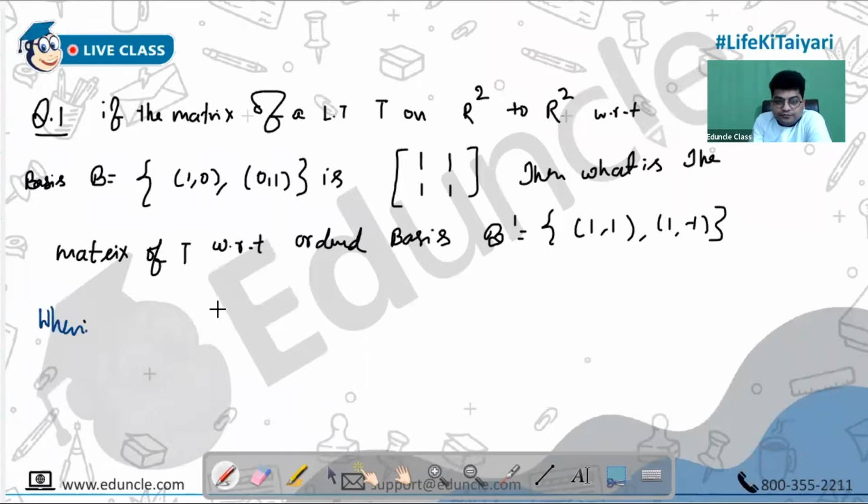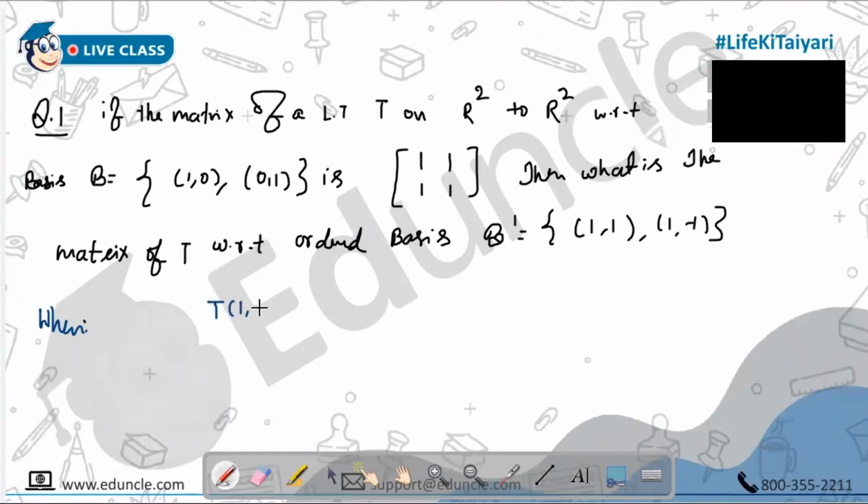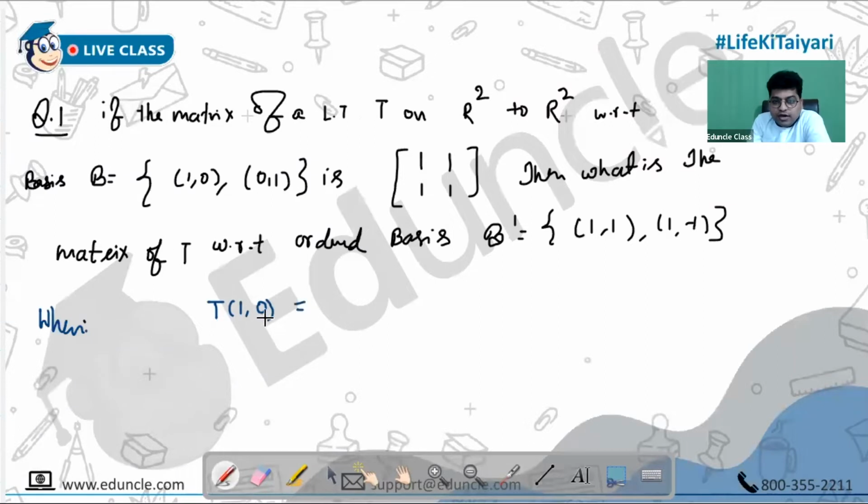Yes, you taught that if you have, with respect to any basis, you can write T(1, 0) is 1, 1, that is a times (1, 0) plus b times (0, 1). This is the meaning.